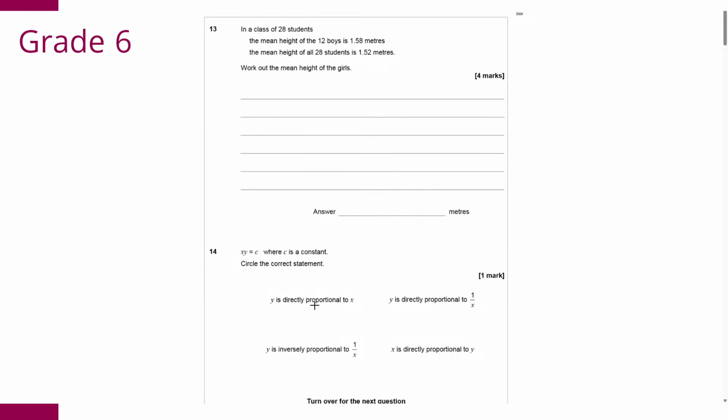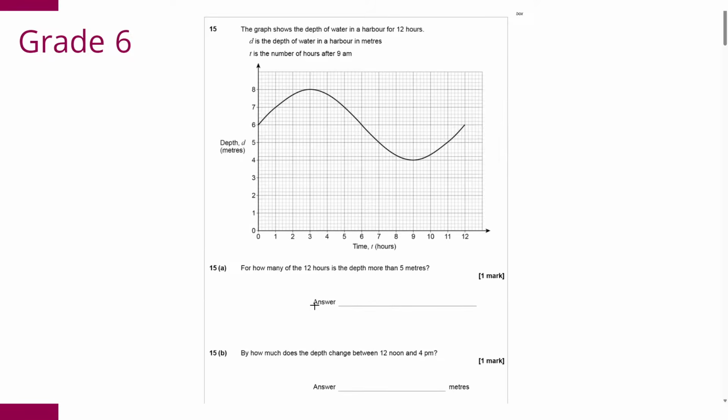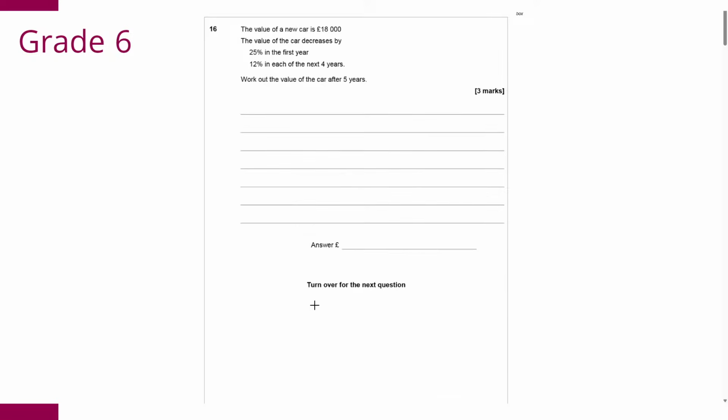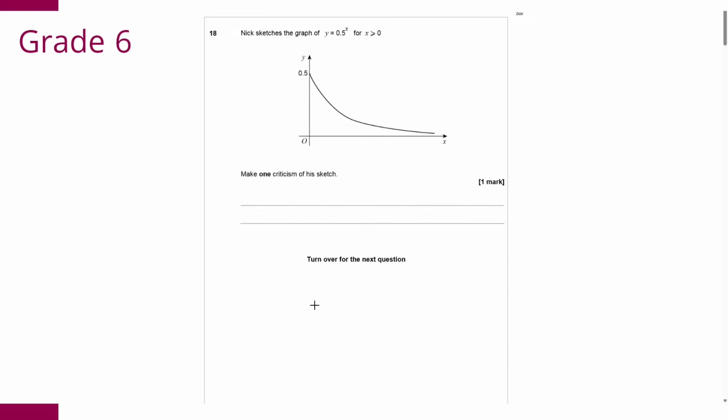Trying to find a really good one. These have come up a lot. So we do exponential. That's sort of grade 6, grade 7, probably more grade 7. But let's do it anyway.